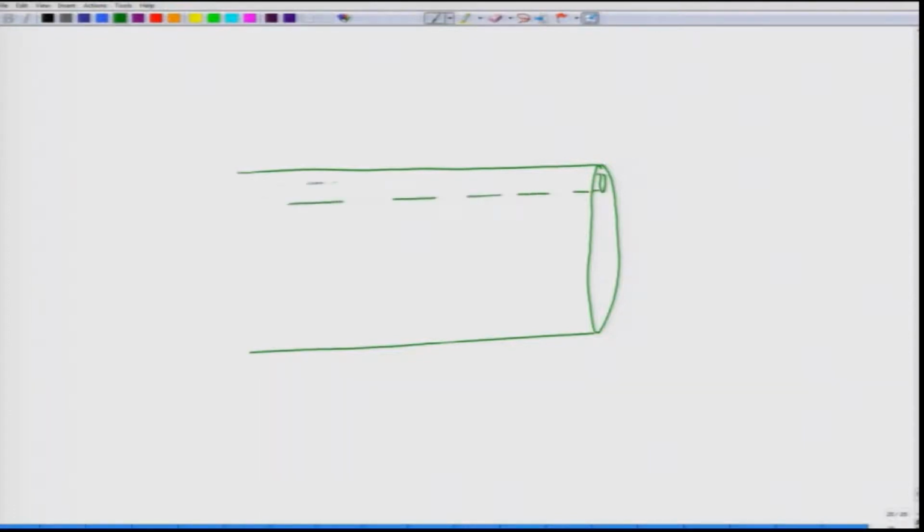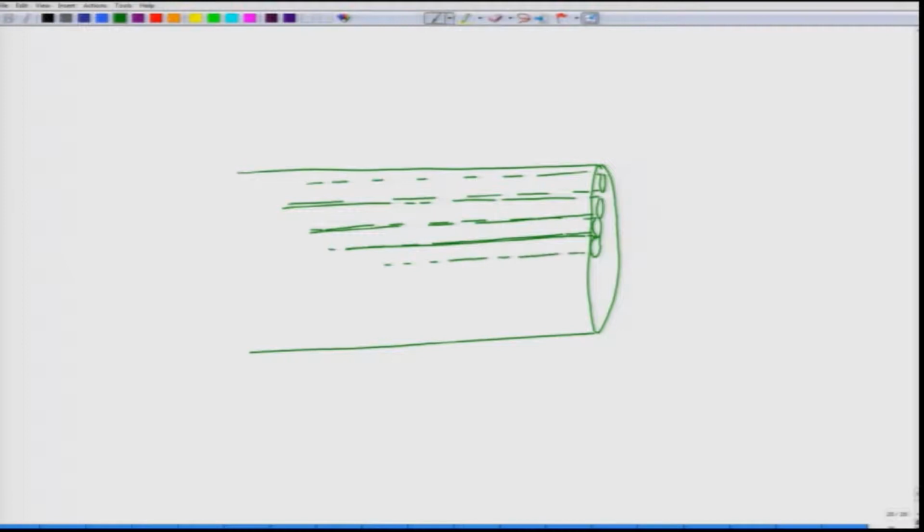If you look at a muscle, it is something like this.